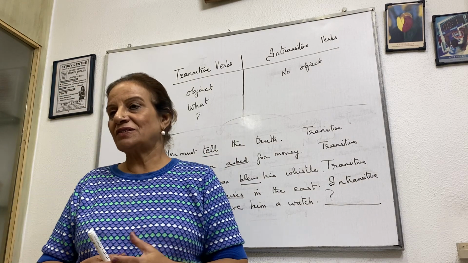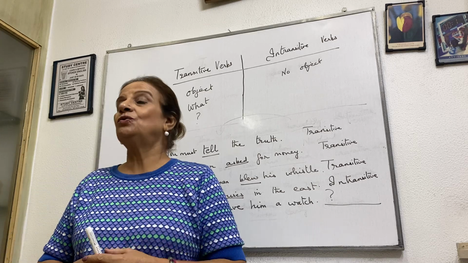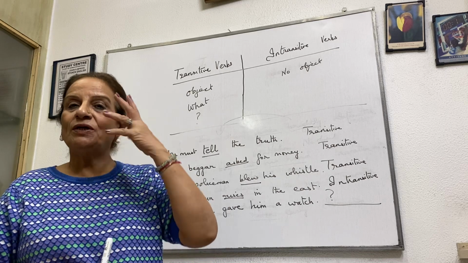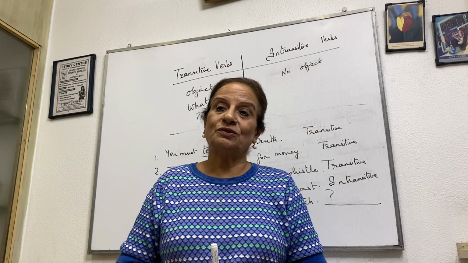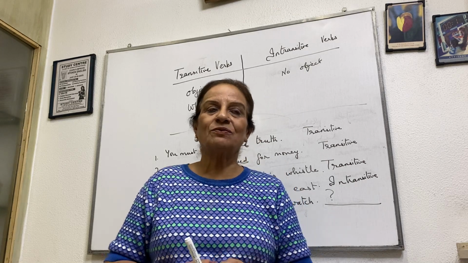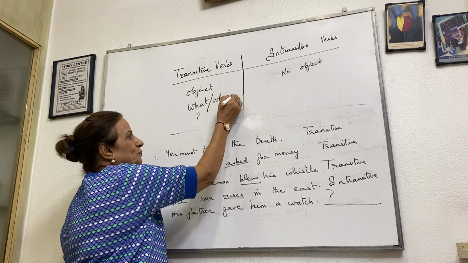If it's answering the question what, or whom, that is because when there are two objects, then we use whom. So let me not confuse you, because we have direct and indirect objects also. That is why I told you to ask the question what or who.